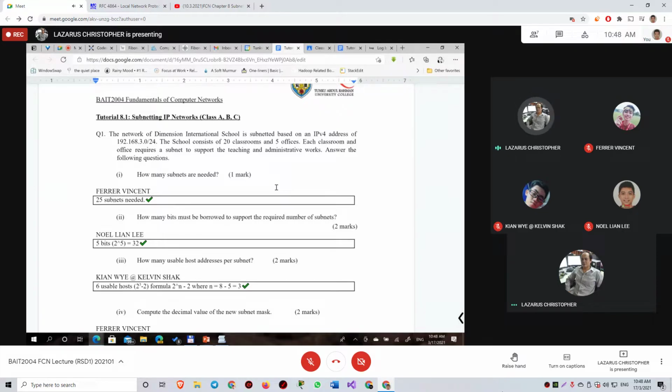But if you have the budget, you might provide several routers. Or you might buy a multi-layer switch. Cisco has multi-layer switches that can perform routing as well as switching.